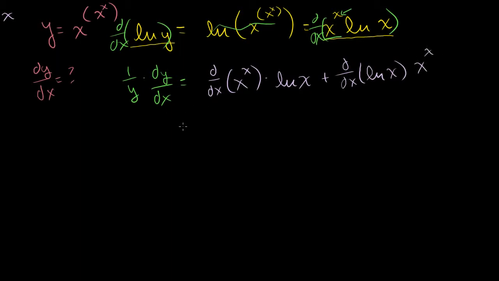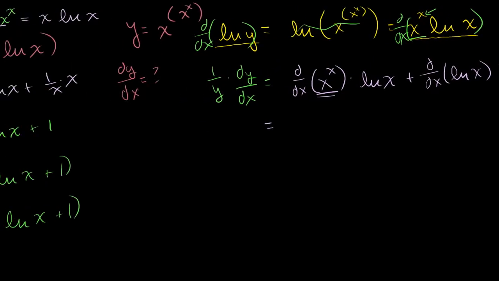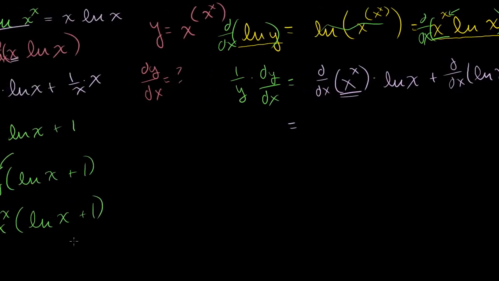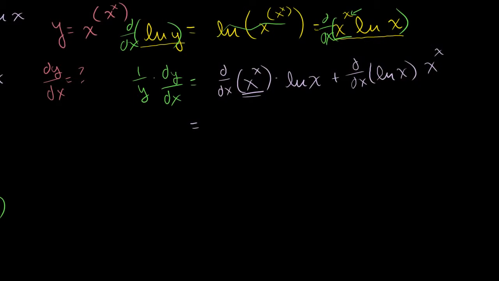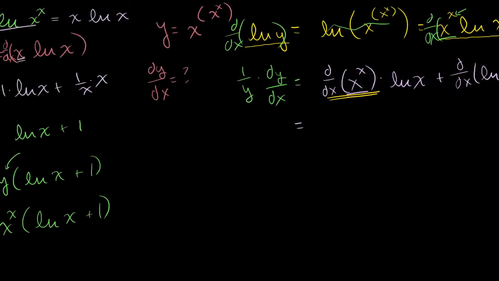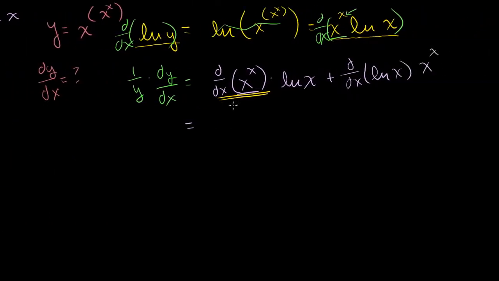So let's focus on the right-hand side of this equation. What is the derivative of x to the x with respect to x? Well, we just solved that problem right here. It's x to the x times the natural log of x plus 1. So this piece right there, I'll do it in a different color. I already forgot what it was. It was x to the x times the natural log of x plus 1.